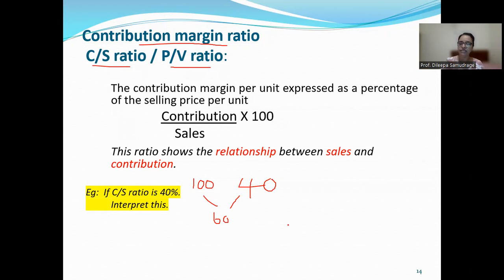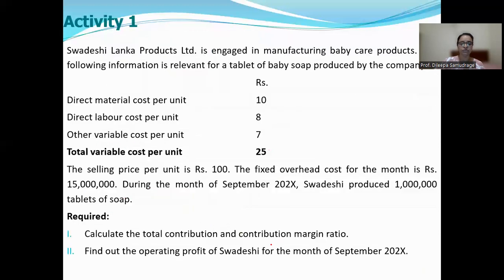That's why interpretation is very important. Sometimes you have to find the variable cost, but you get only this ratio, so you should know that 60% of 100 is the variable cost. If you can interpret these things easily, then you can work out the questions. That's how you have to interpret CS ratio or PV ratio.